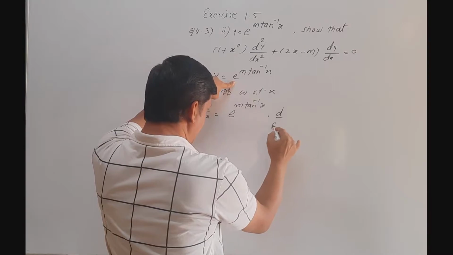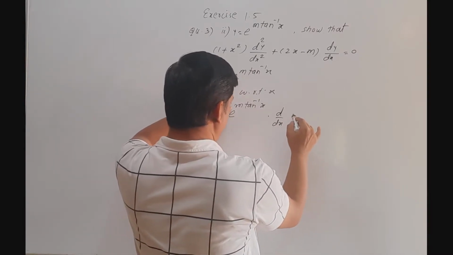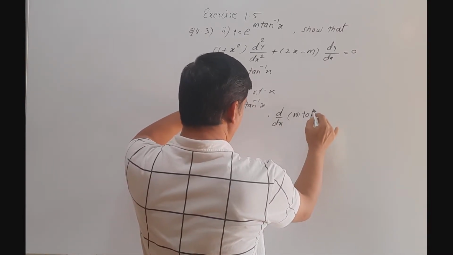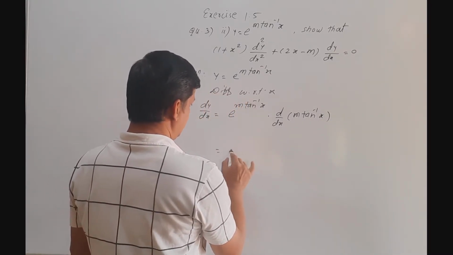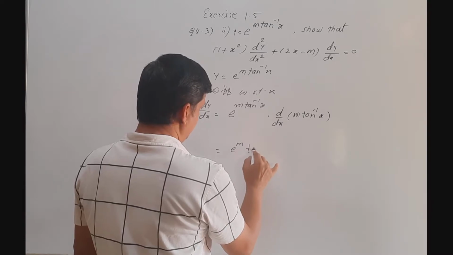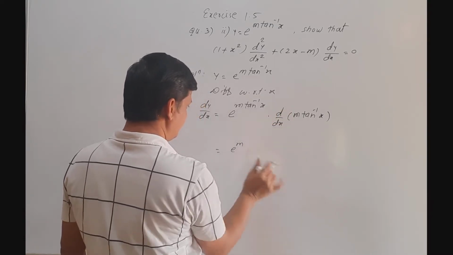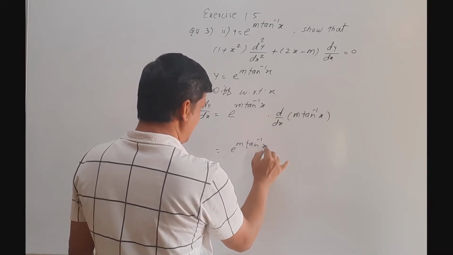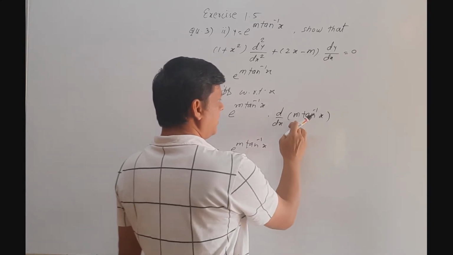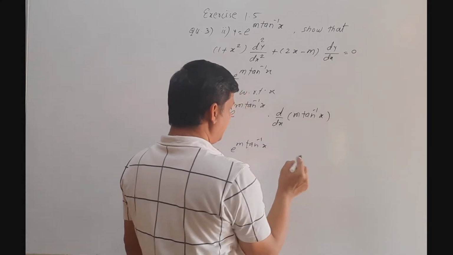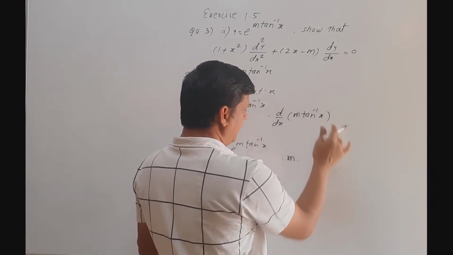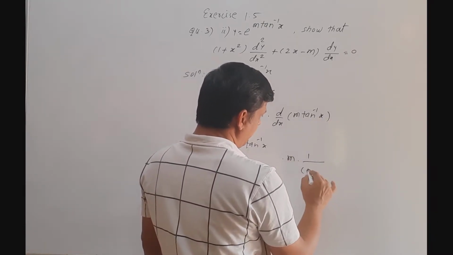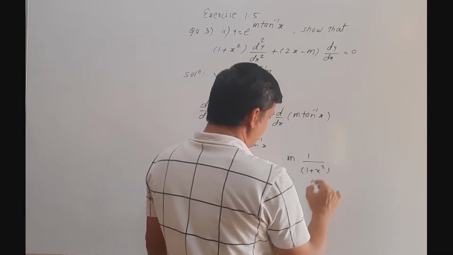into the derivative of this m tan inverse x. So right here e raised to the power m tan inverse x as it is, and here we find the derivative of m into tan inverse x. Here m is constant, so write m into the derivative of tan inverse x, which is 1 upon 1 plus x square.